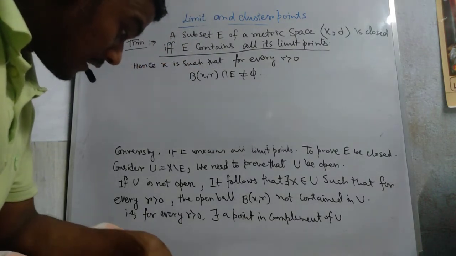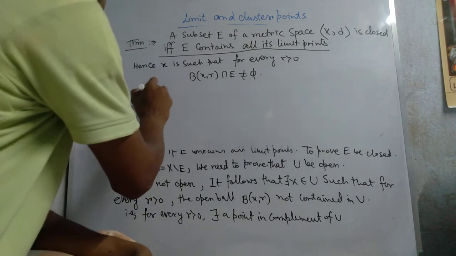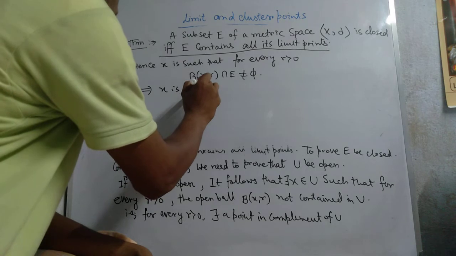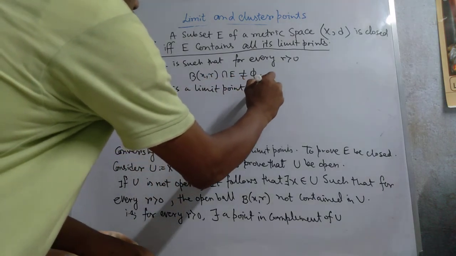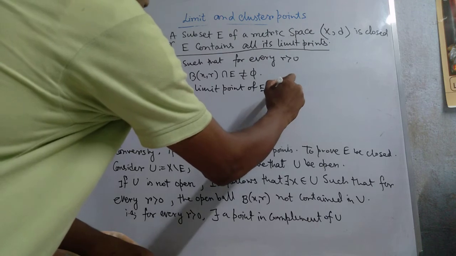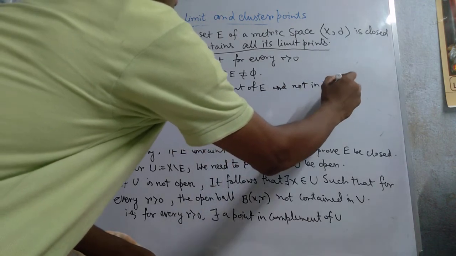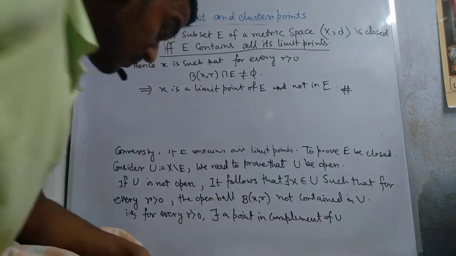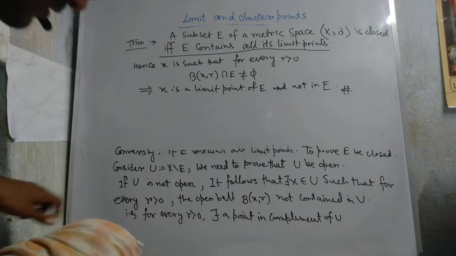That is, x is a limit point of E and is not in E. This is a contradiction because E contains all limit points.